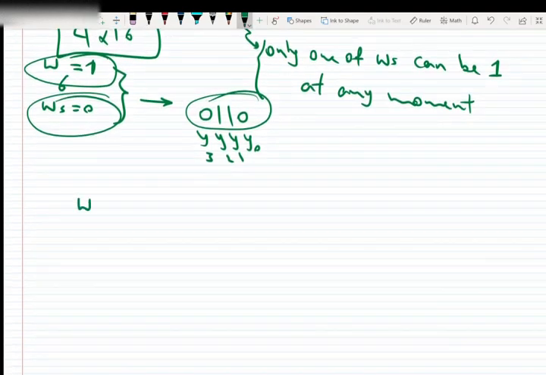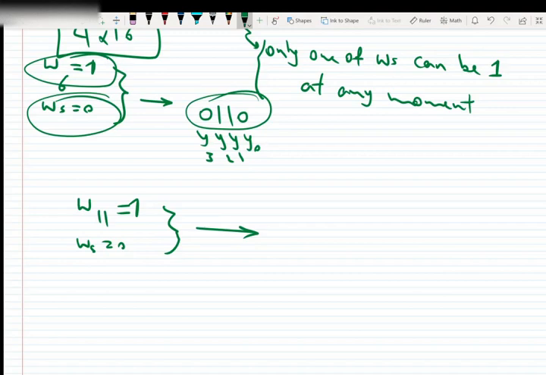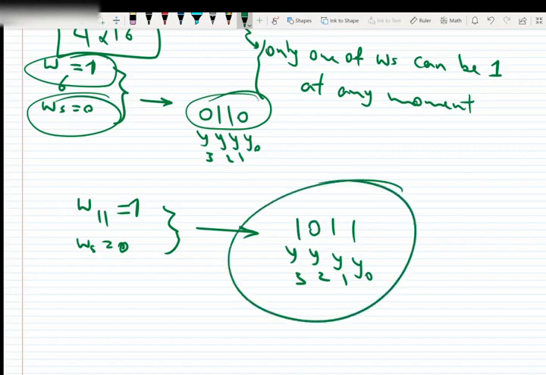If W11 is 1 and the other W's are 0, the number 11 will be shown on the output. Number 11 is like 8, 2, and 1, so y0, y1, y2, and y3 will be the output of the encoder. So this is how an encoder works.